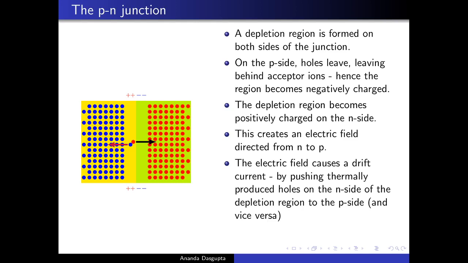Now this, again, if an electron hole pair forms here, the hole will be pushed in this direction away from the junction, but the electron will be pulled into the n side, crossing the junction. Of course, in both cases, with the hole crossing over to the right or the electron crossing over to the left, you get a net current towards the right. This current is opposite in direction to the diffusion current.